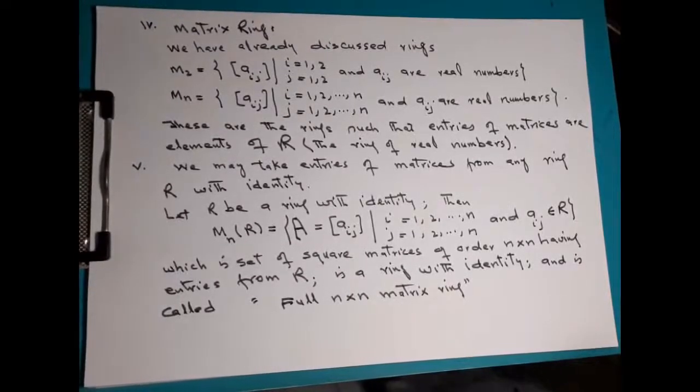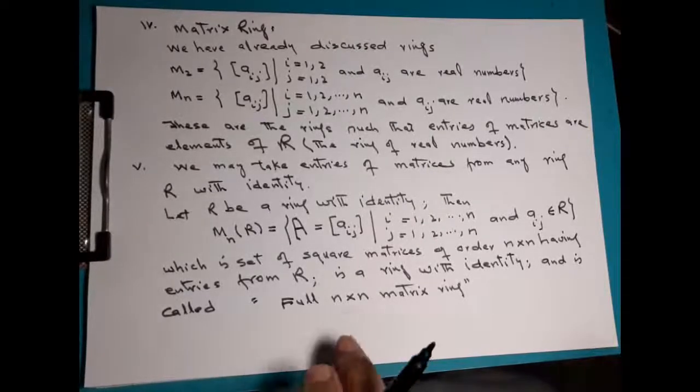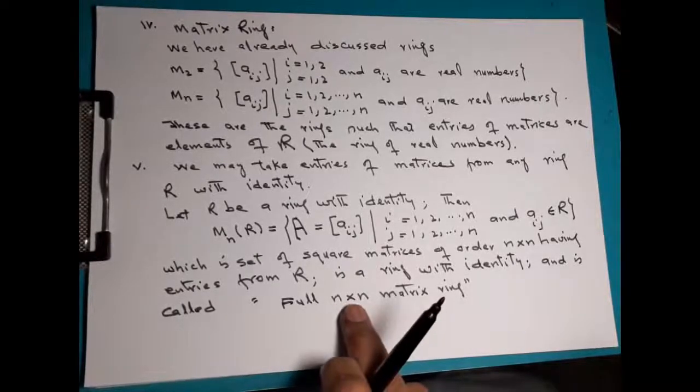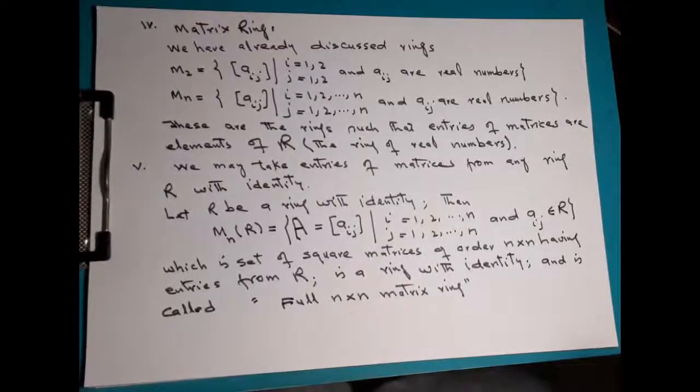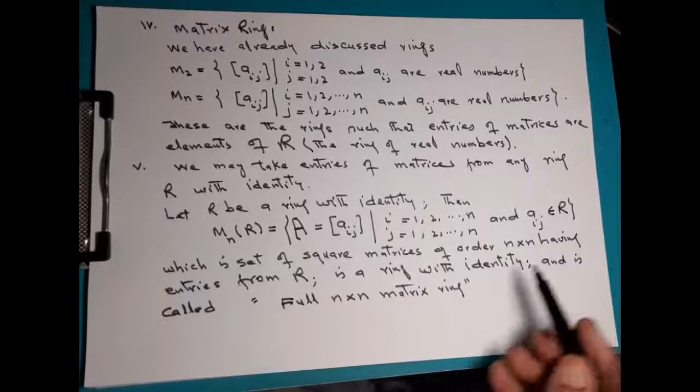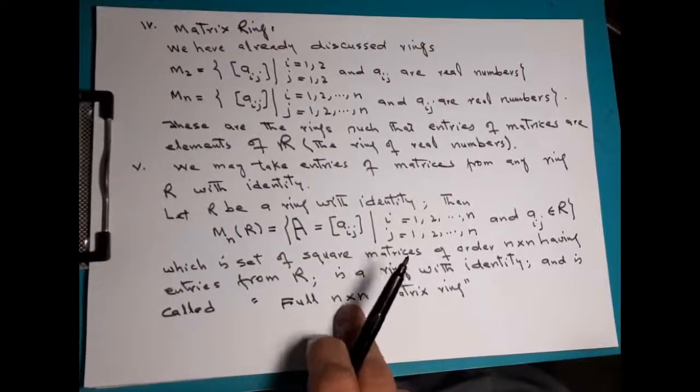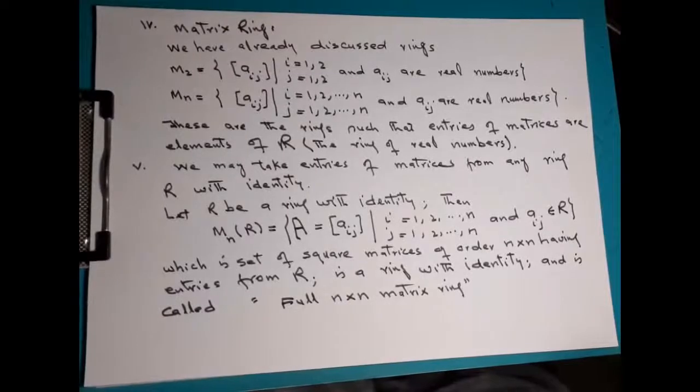We call it full to mention that this ring contains all the square matrices of order n by n, just to avoid the ambiguity of non-singular matrices. We are not talking about non-singular matrices only. We are talking about all the matrices of order n by n. So the set of all the matrices of order n by n with entries from ring R is a ring, and this ring is called the full n by n matrix ring.